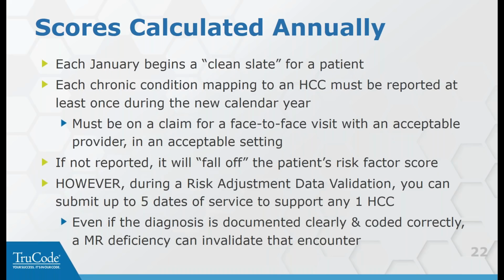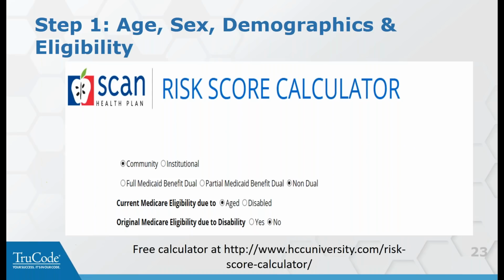Also important, and I'm going to talk about this a little more in a minute: if the diagnosis is documented clearly and coded correctly, but it falls on a record that is not documented according to the requirements, it can invalidate that encounter and you won't get credit for that. So that's something new and significant with HCCs that we haven't had to worry about before.